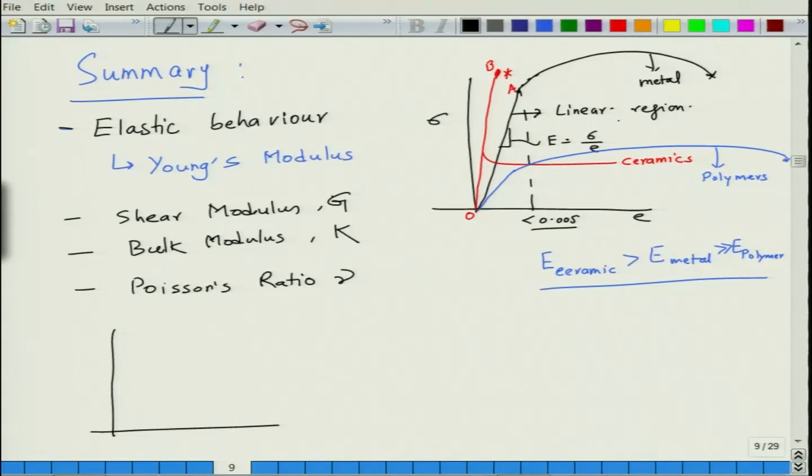This is how you can determine your Young's modulus, but if you wanted to determine shear modulus as a function of shear strain, then of course you have a similar kind of plot. This will be the G, which is equal to tau divided by gamma.